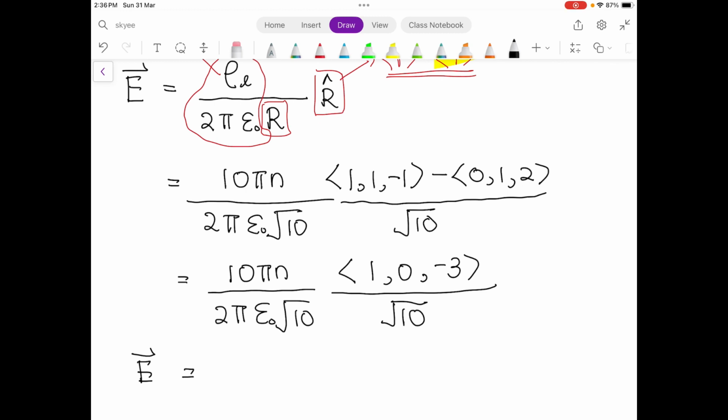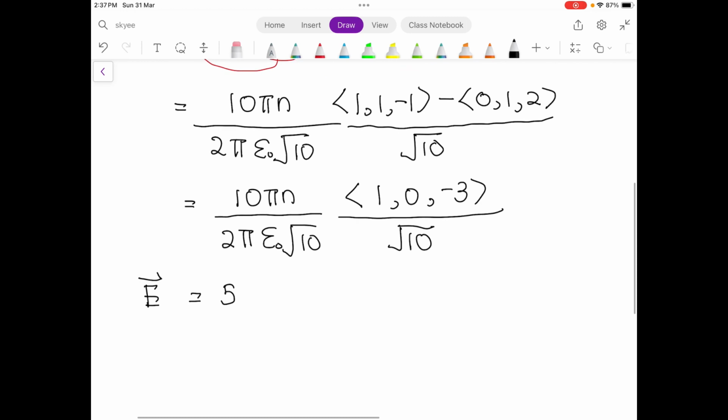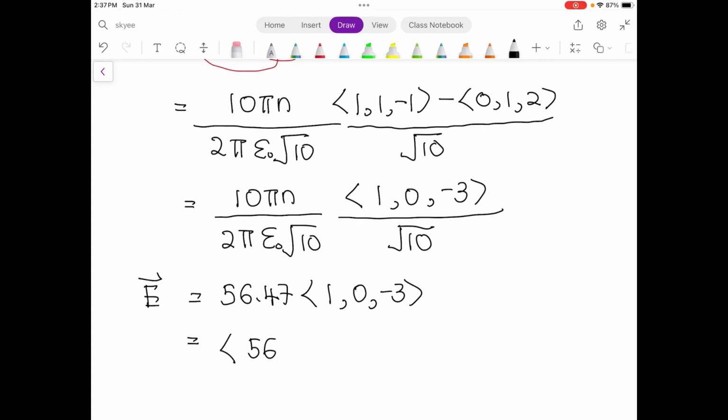You get 56.47. Then (1, 0, -3) gives 56.47, 0, and multiplying 3 you get negative 169.4.